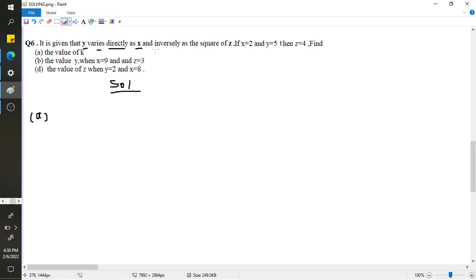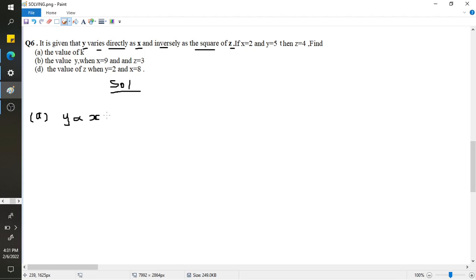So y is varying directly as x, and inversely as the square of z.